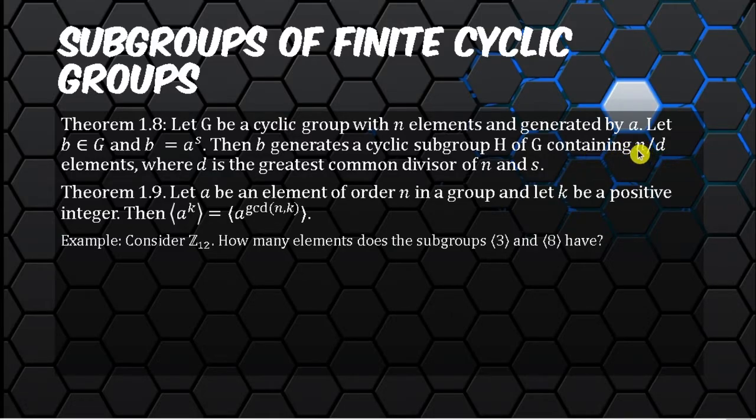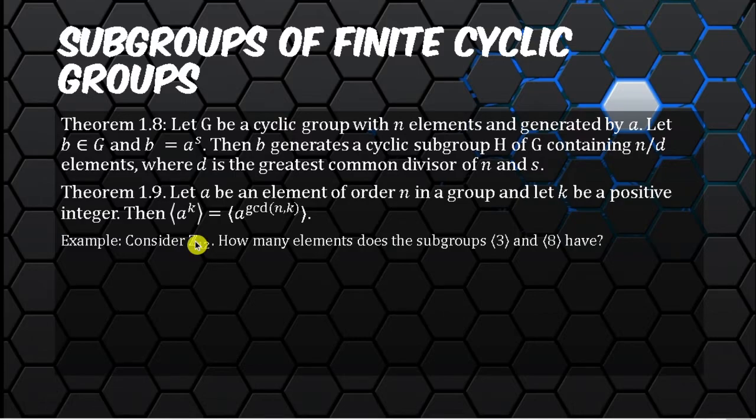N, saan galing tong n? N is the, so provided na cyclic group pala yan. Cyclic group ang tinutukoy natin. N is the number of elements of that particular cyclic group. So alam natin for Z sub 12, 12 yung laman din niya, yung set na ito.